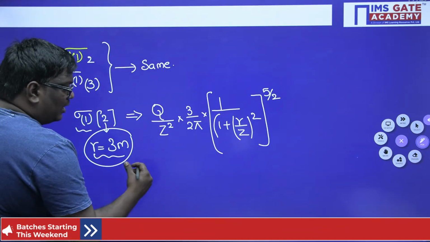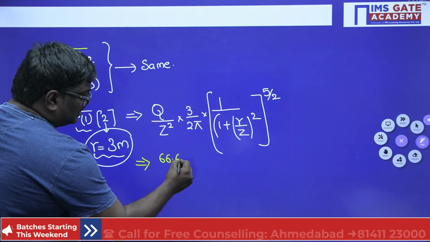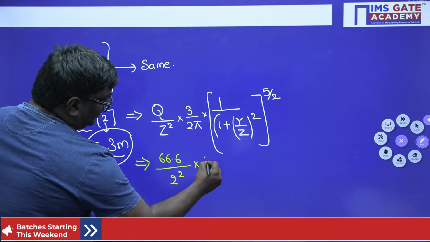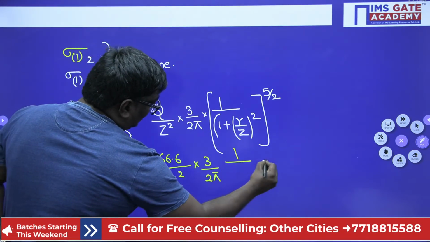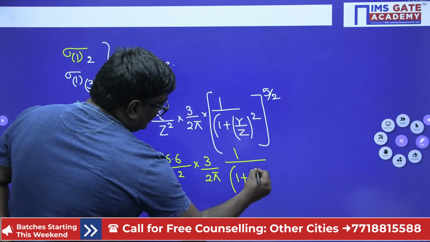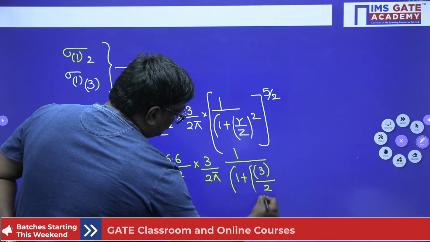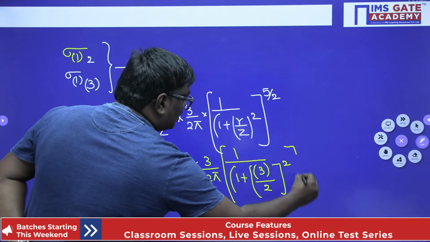So, here what is the load? 66.66 tons upon Z square is 2 square into 3 by 2 pi into 1 upon 1 plus radial distance 3 meter upon 2 is the depth whole square whole power 5 by 2.